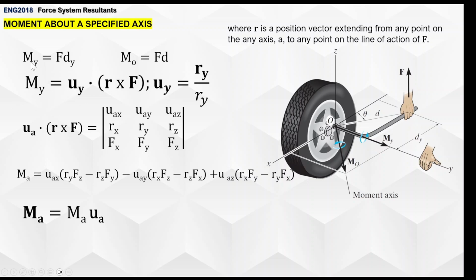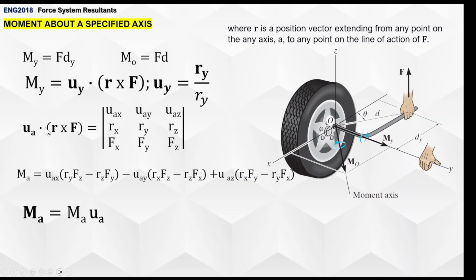For example, the moment about y in its magnitude in scalar form is force applied times perpendicular distance dy. If you want to get its magnitude, it can also be expressed as the unit vector u_y times the cross product r cross F, where u_y is equal to the position vector r_y over its magnitude. Here is the equivalent determinant and its derivation.